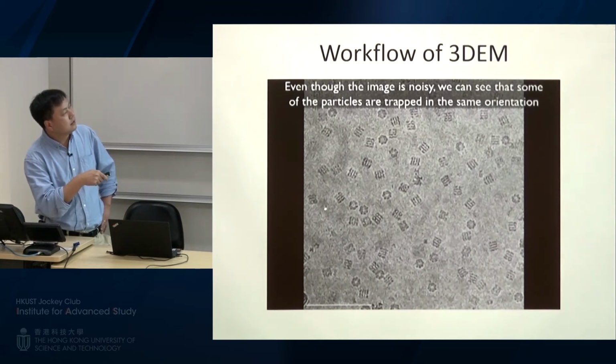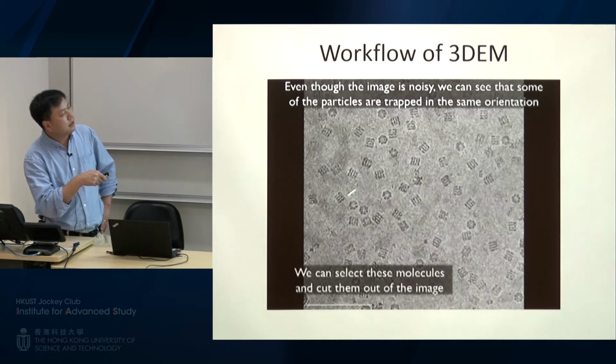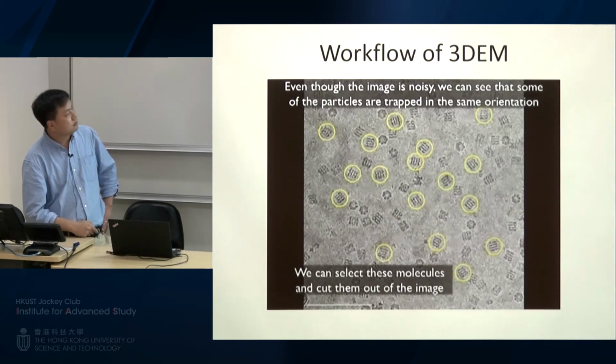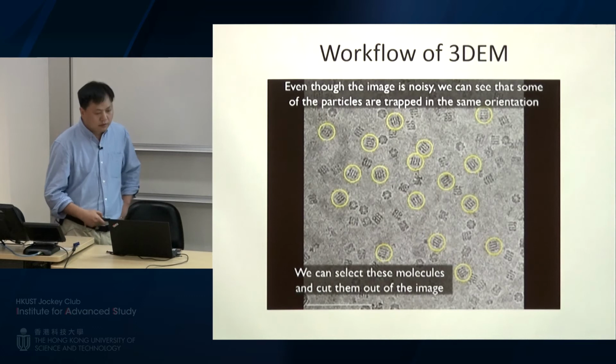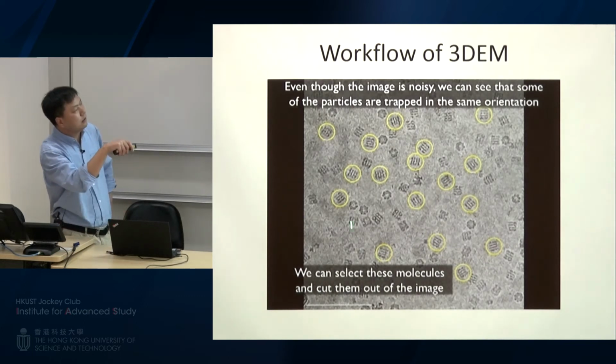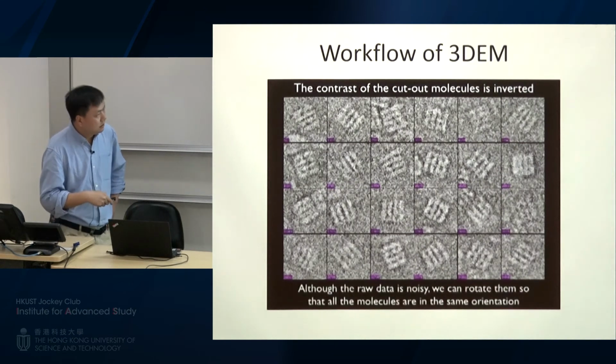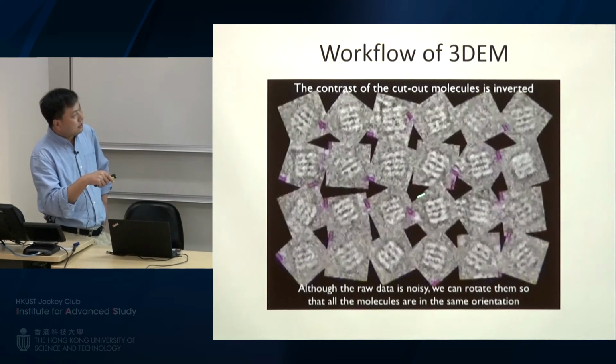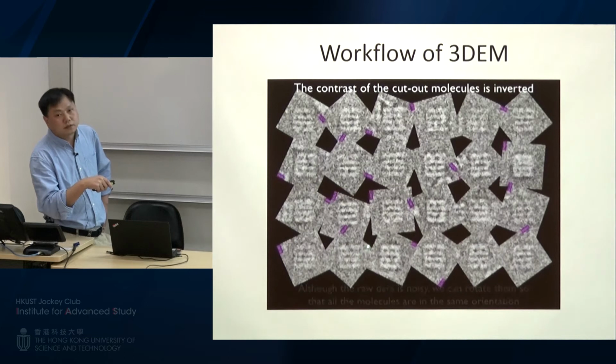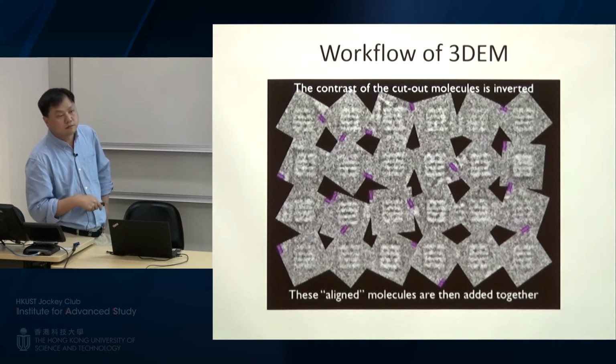You will see that the molecules are oriented randomly. Then we will use a computer program to pick out those particles, and then we can do particle alignment and classification.